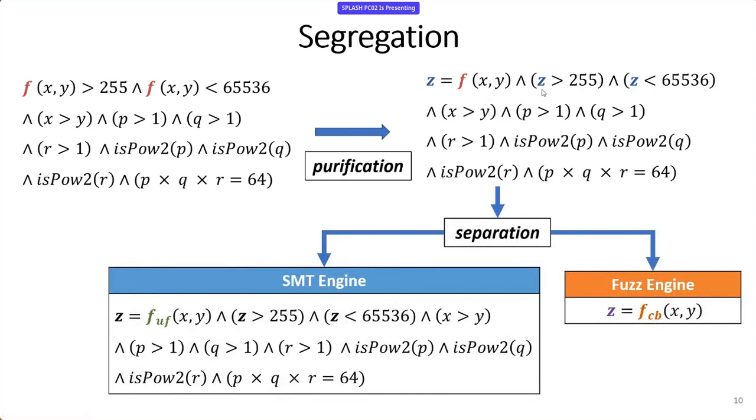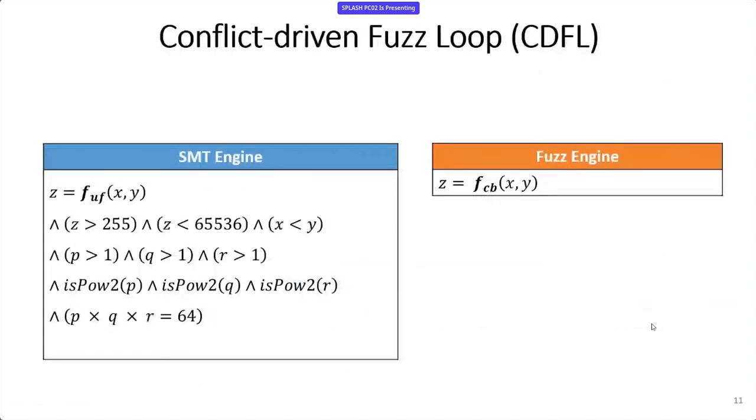Then we split into two sets of constraints. First we rewrite the function f as a UF term and send this entire constraint to the SMT engine, and then we only take out the terms that involve the closed box function and give them to the fuzz engine. This is how the segregation step works.